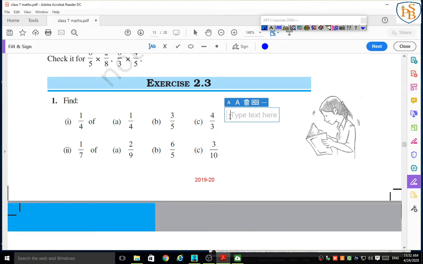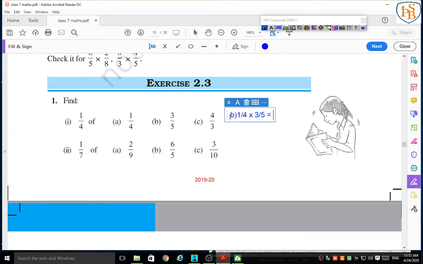Now I am going to solve this B question, that is 1 upon 4 of 3 upon 5. Instead of 'of' we write a multiplication sign. So what will be the answer?